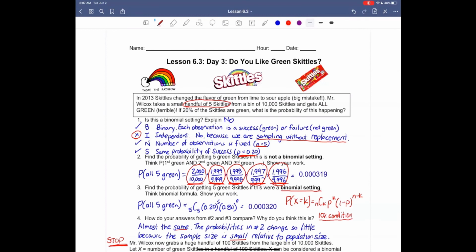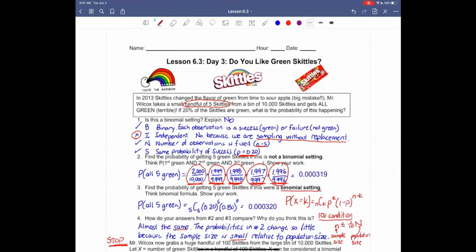And here's how I'm going to write it. Lowercase n, less than or equal to. Now 10% I'm going to write as 1/10, and I'm going to use capital N to represent the population size. So this lowercase n, we're used to this one, that represents the sample size, and we want it to be less than or equal to 1/10 of capital N, which is our population size.